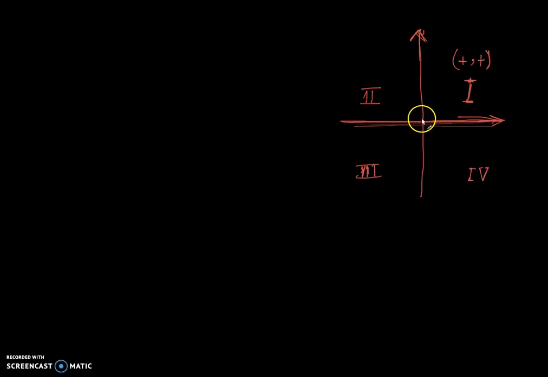Here the x's are negative and the y's are positive. In the third quadrant, x's are negative, y's are negative. In the fourth quadrant, x's are positive, y's are negative.